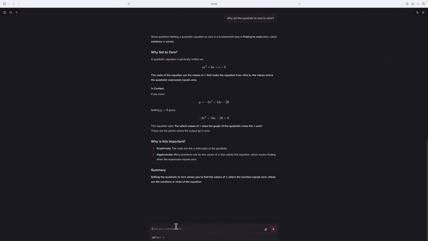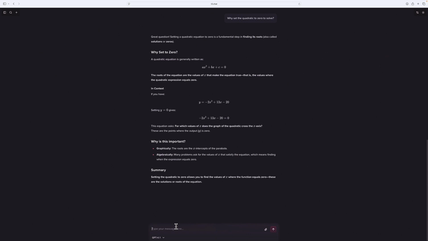In context, if you have y equals negative 2x squared plus 13x minus 20, setting y equal to 0 gives you the following. The equation asks for what value of x does the graph of the quadratic cross the x-axis.